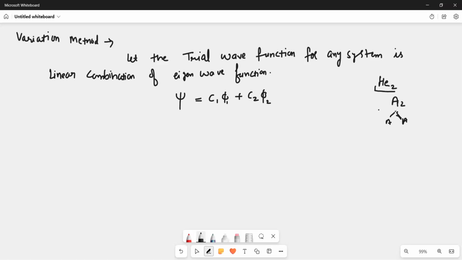Let's suppose phi1 is the atomic orbital for your first atom, and phi2 represents the eigen wave function for the second nucleus. So this trial wave function is a linear combination of two eigen functions, where phi1 and phi2 are eigen functions.